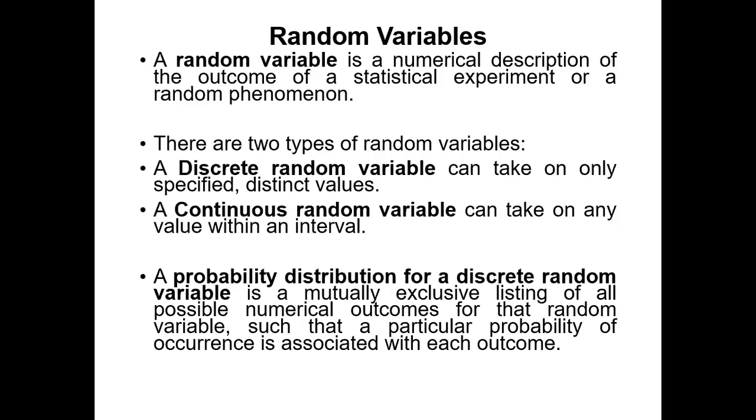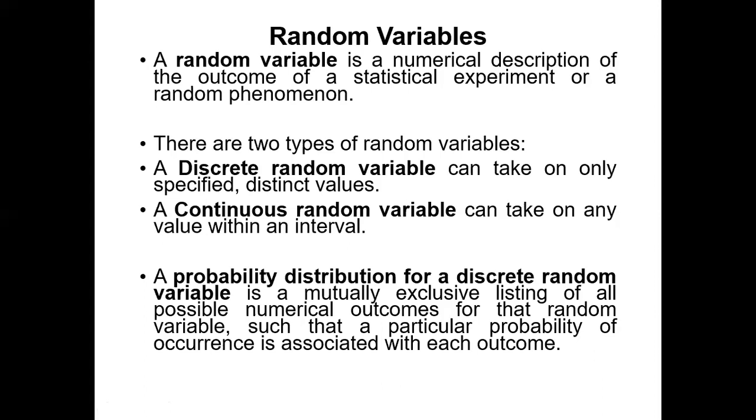For instance, if I want to randomly check the number of cars that have an accident on a highway, the probability that a certain number of cars will have an accident on a highway, we are talking about a discrete random variable, because a discrete random variable can take on only specified distinct values.